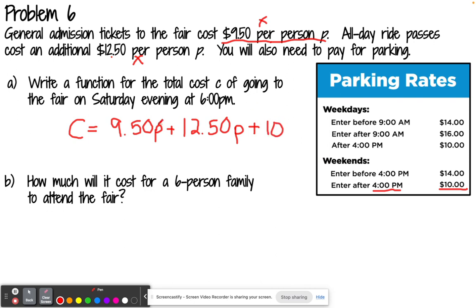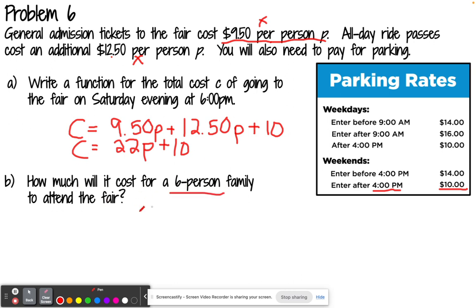I have some like terms I can combine here. If I do $9.50 plus $12.50, that is $22 per person. That's a lot of money to go to the fair. Plus my $10 of parking. At least we're saving a little bit of money for going after 6 p.m. So, how much is it going to cost for a 6-person family to attend?